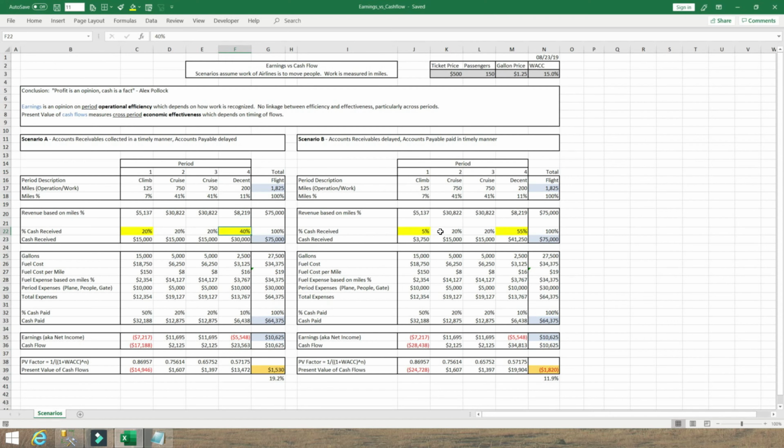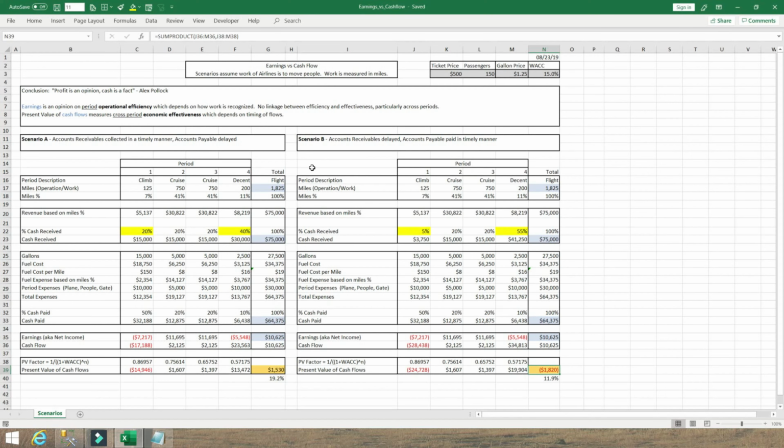Scenario B says, well, what if we assume only 5% of the cash is received upfront and then the majority of it, 55%, is received at the end, or stage 4. And we can see here, just by making that slight change in when cash is actually received, it results in a return of 11.9%, which is below the weighted average cost of capital of 15%, and therefore the present value of cash flows is now negative.